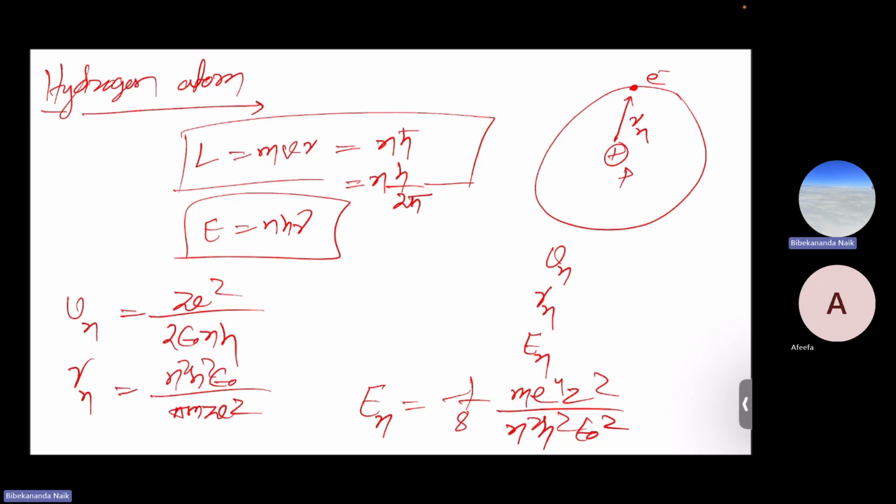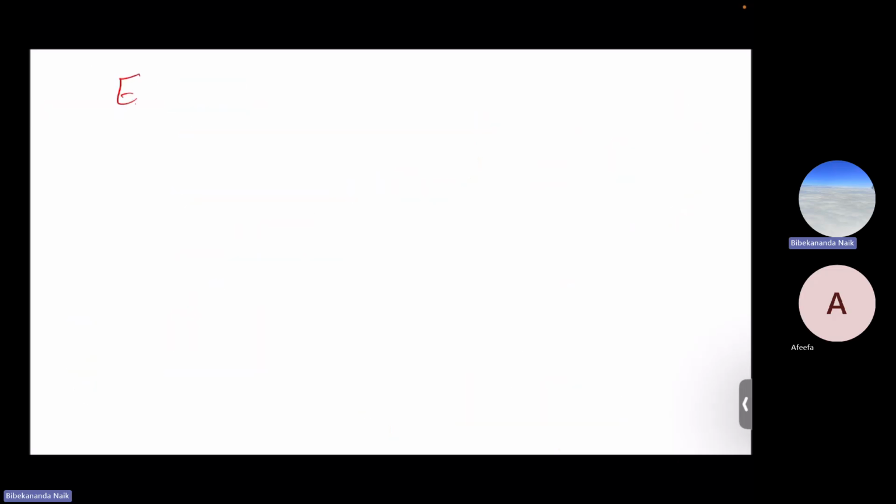Now from this we calculated the energy as minus 13.6 electron volt times 1 by n square.